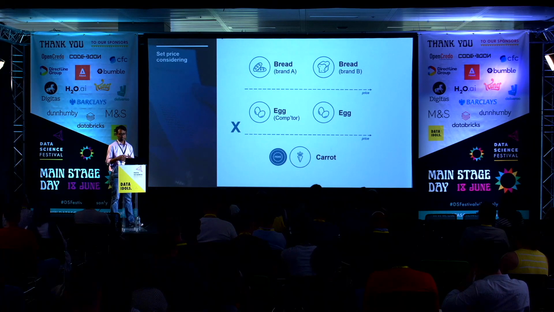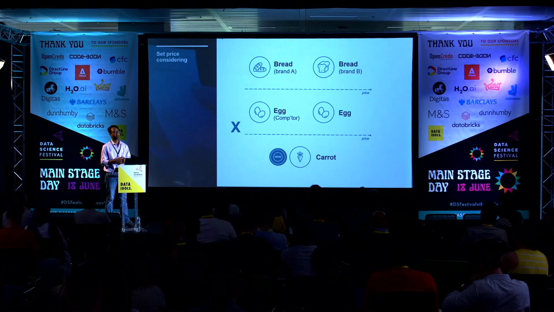So some of these constraints could be like, one of the bread types, brand A bread, has to be 50% cheaper compared to brand B bread. So it could be a different type of bread, different quality. So they're trying to manage that perception by pricing one of the breads cheaper compared to the other brand of bread.